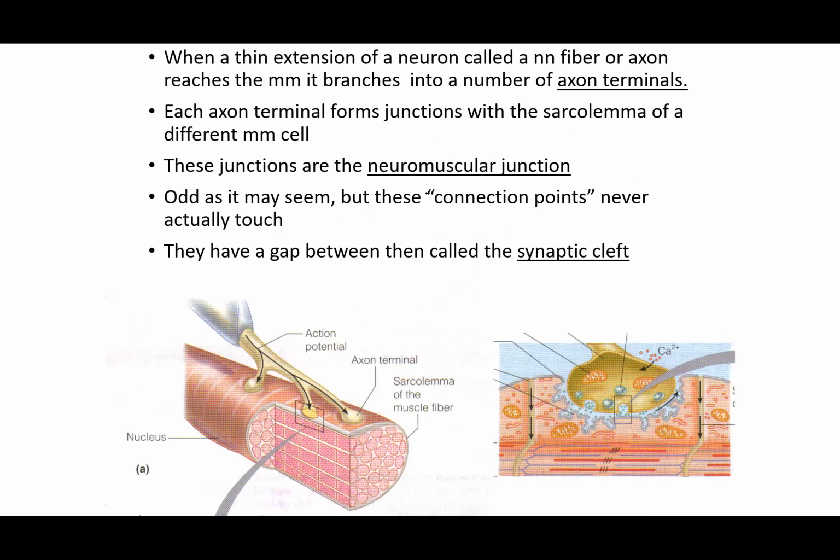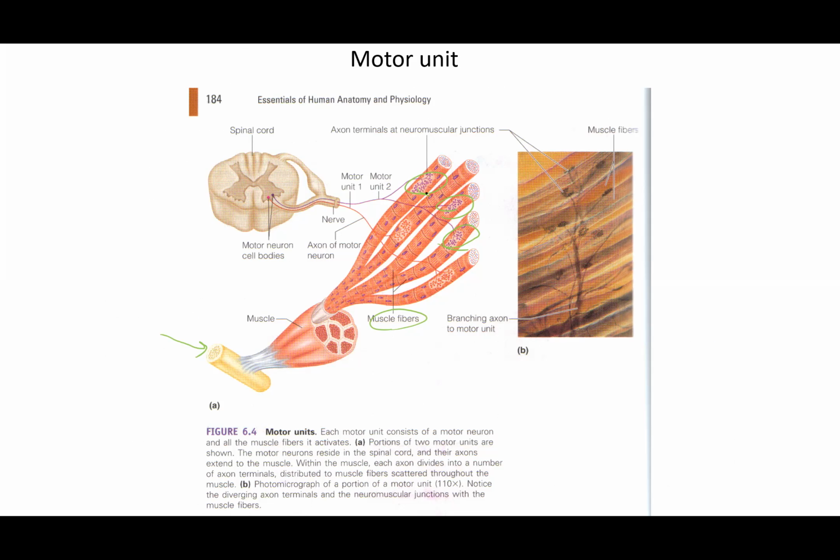Okay, so the nerve fibers when they come out from the spine. Oh, but let me show you something from the spinal cord. Okay, so here's a cross section of the spinal cord, and this is the anterior part of the spinal cord, or ventral.